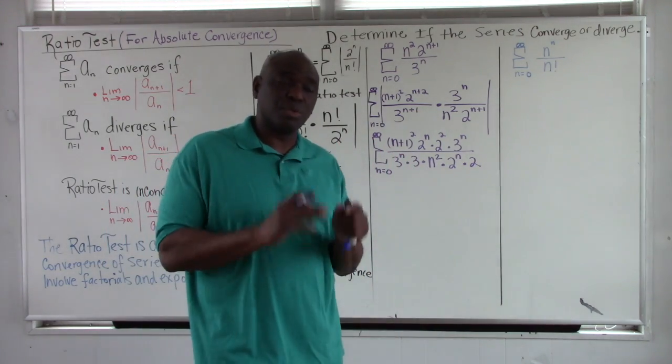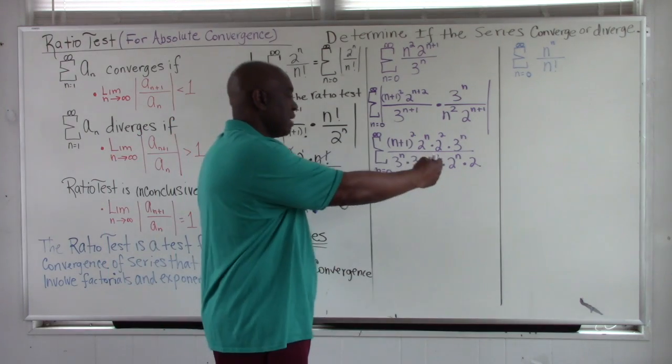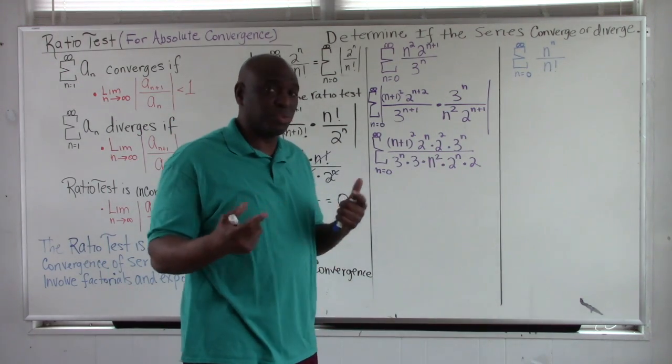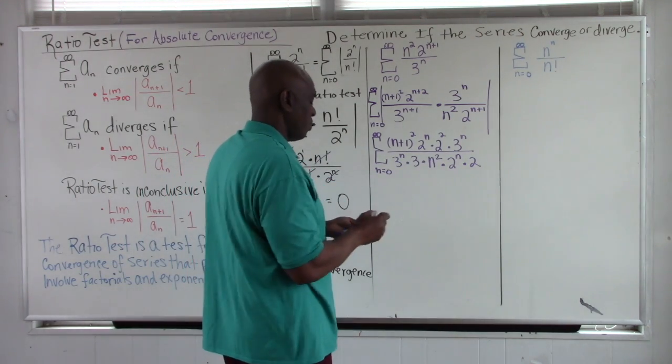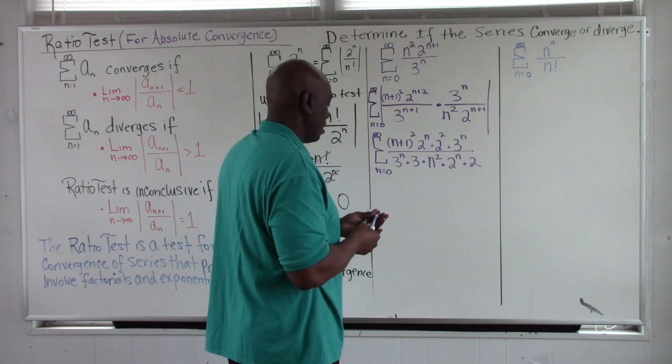There we go. So it's algebraically expanded. We use all the rules of exponents, the laws and everything. And so now let's begin to see what we can cancel out here and eliminate.